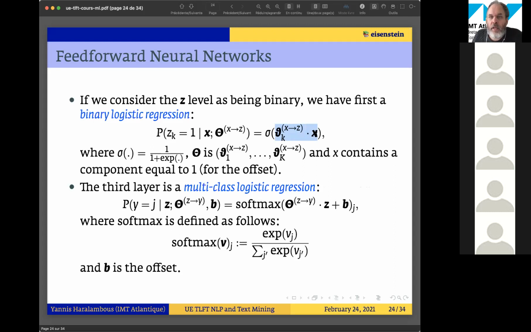So it's exactly the same thing. Take individual values, consider them as components of a vector, and multiply by coefficients also considered as components of a vector, and take the sum. So this is the first step.